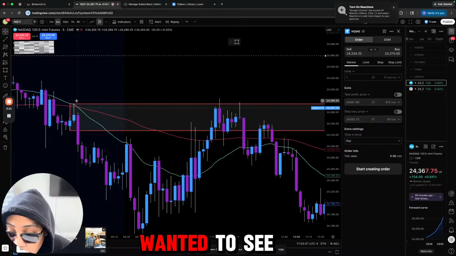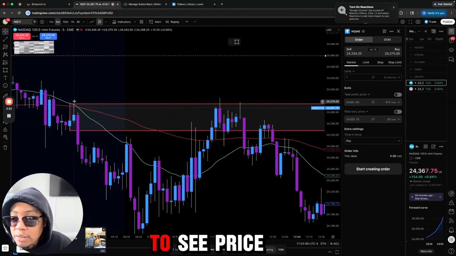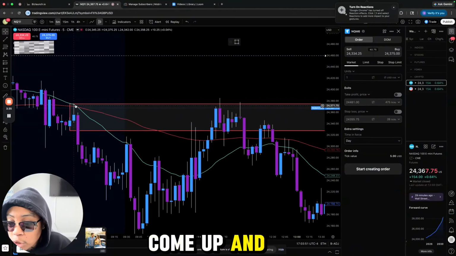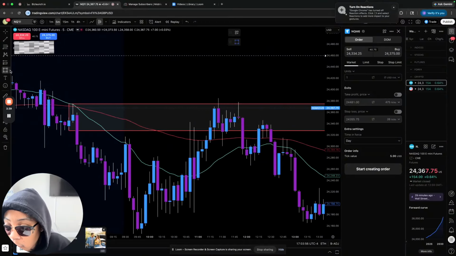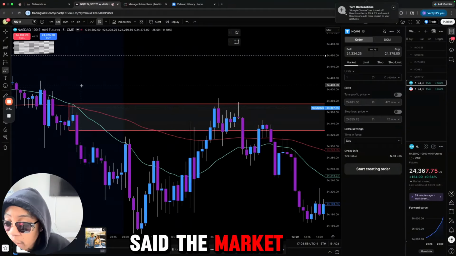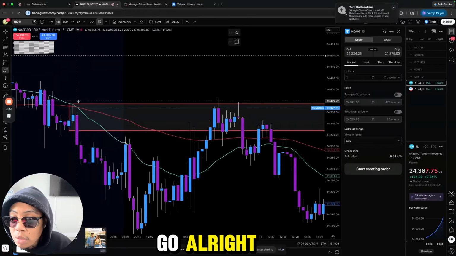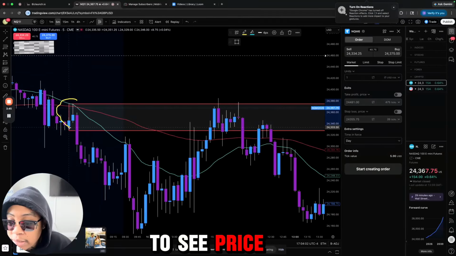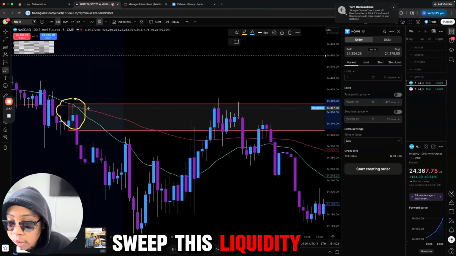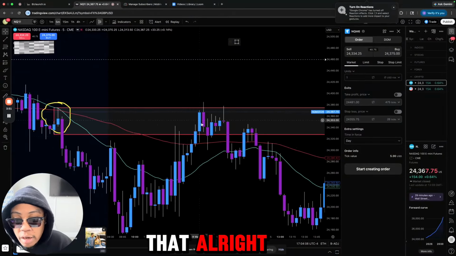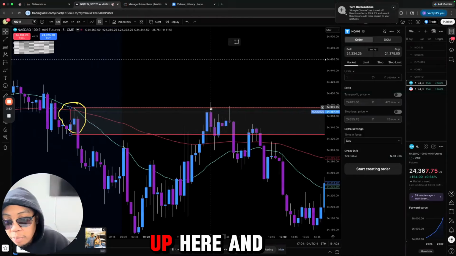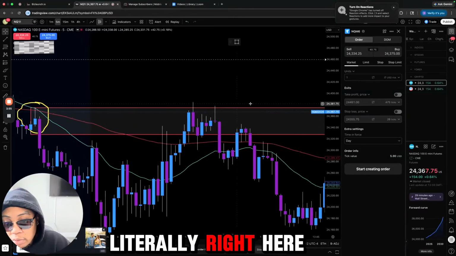What I actually wanted to see was price come up and sweep this supply zone liquidity, because like we said, the market needs fuel to go. So I wanted to see price come up and sweep this liquidity. I wanted to take out that. All right. So we get up here and this candle literally right here, y'all.